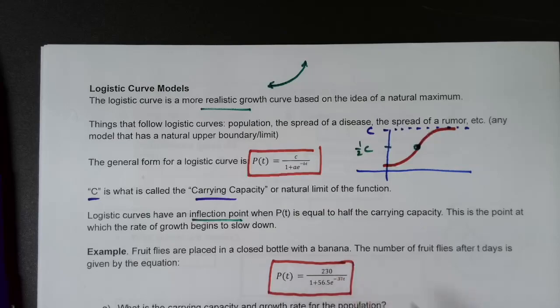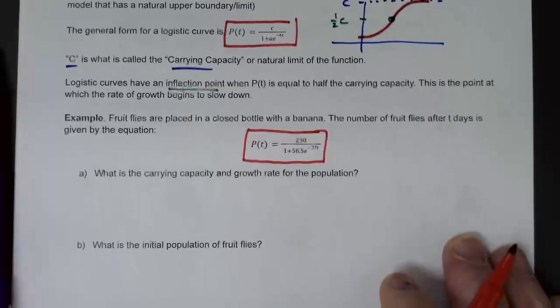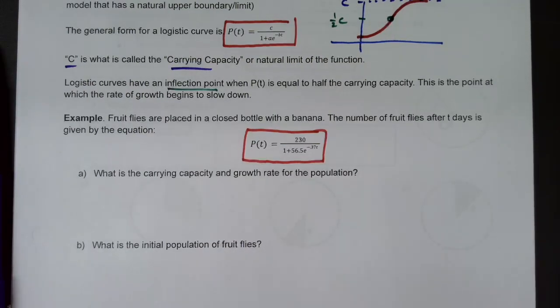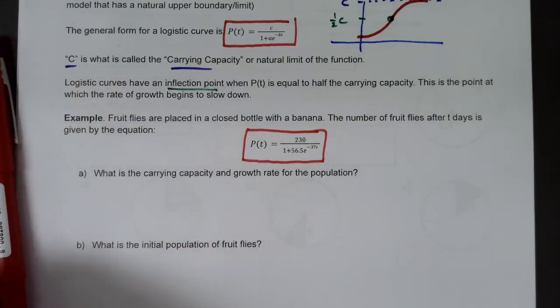We will reach the point where there will be no way we can get any more fruit flies in there, just because of maybe the food, the oxygen, whatever, or it may be just the plain space in there. Okay? So, first of all, it says, what is the carrying capacity of this? Okay? In other words, when will this reach its maximum amount?